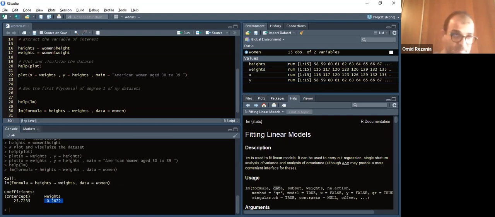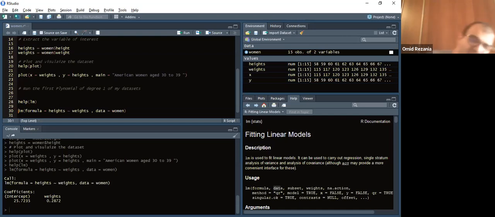But now, the thing that we want to do is to extract more information from this model. So far, what we did was incredible, because in our linear model we were able to find the estimates for the intercept and the slope.